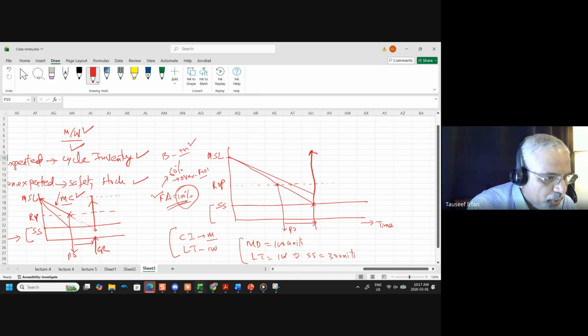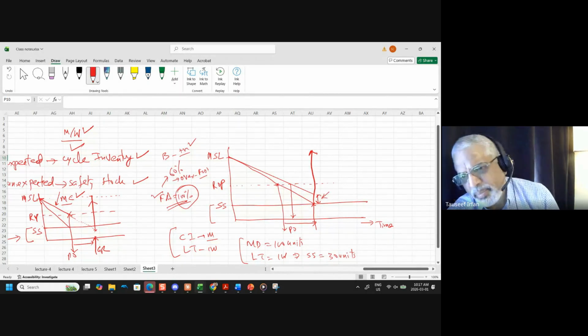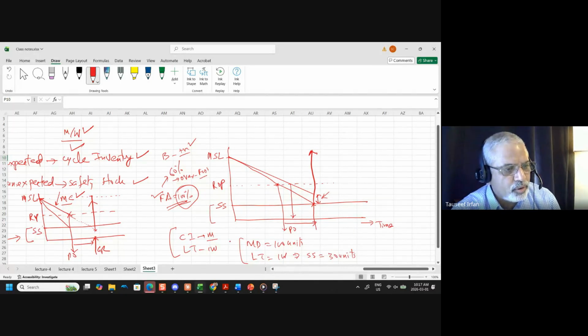You issued the PO here, and then after a certain time you received the product, but you still had enough stock, not even touching safety stock, but you have some more stock sitting here.